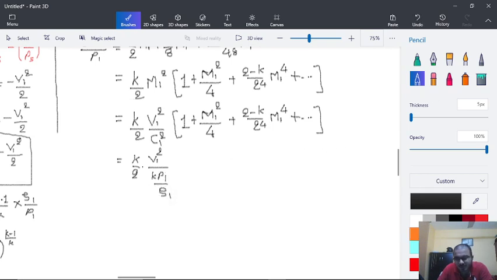So here instead of c1 square we have put k p1 upon rho 1.